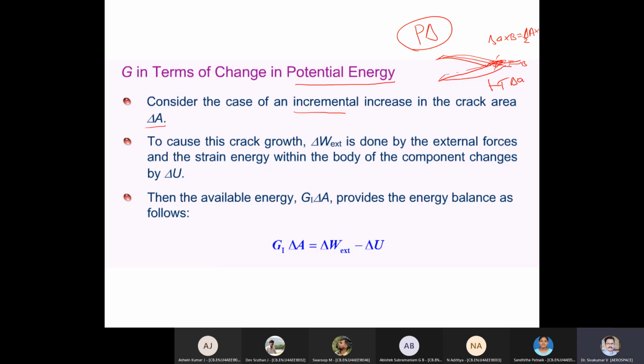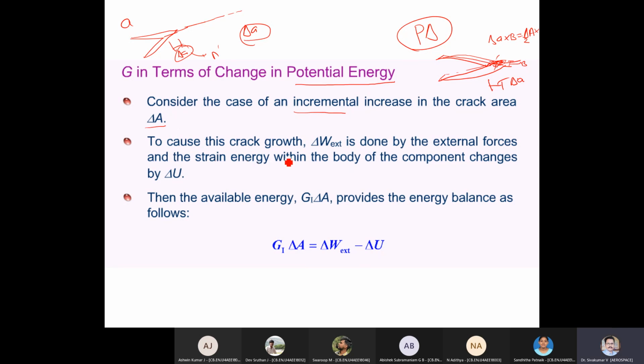This is the first occurrence, delta A. A is the crack length, delta A is the incremental crack length, after which it will come here. In any crack propagation process, you will have n number of delta A's, because crack growth means delta A, delta A, delta A, like that it goes.